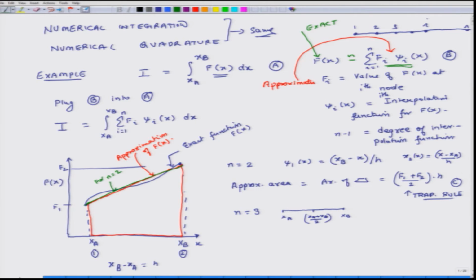This is the midpoint, and its x axis coordinate is x a plus x b over 2, and on the y axis the value of the function is f mid. Then if I have to find the area under the green curve, there is another rule known as Simpson's rule.